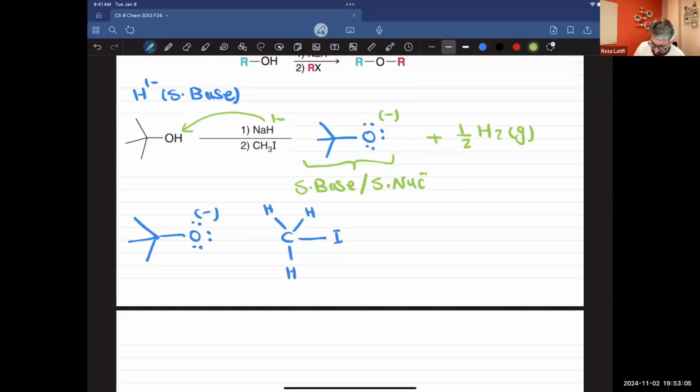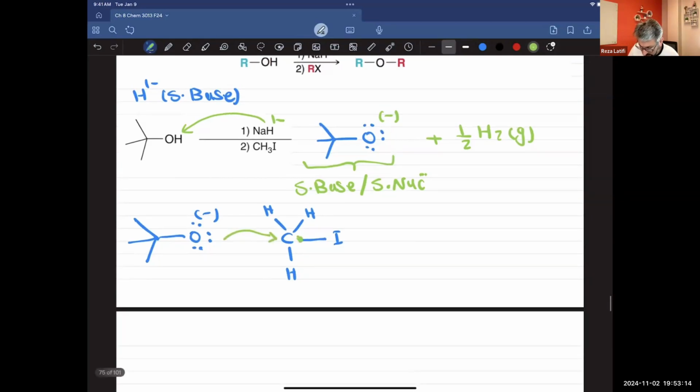So this oxygen will go after the carbon and technically attack that carbon. So we will have addition, and that halide will take those 2 electrons and leave the system as iodide. So we get an ether. On one side, we will have tertiary butyl, and on the other side, we will have CH3, plus I minus.